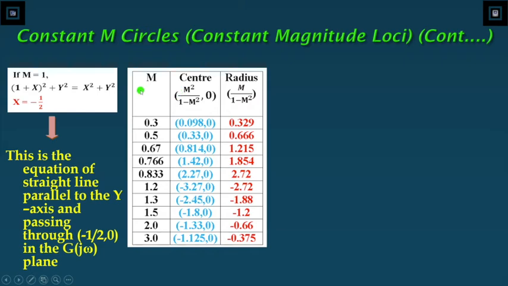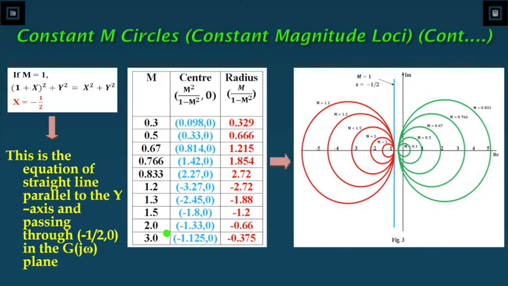Then make a table for different values of m. This is the center and this is the radius for these different values of m. When m equal to 1, this is the x equal to minus half straight line parallel to the y-axis. Then draw the M circle for these values of m.